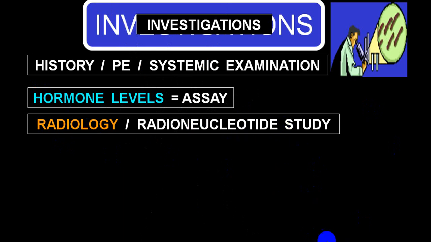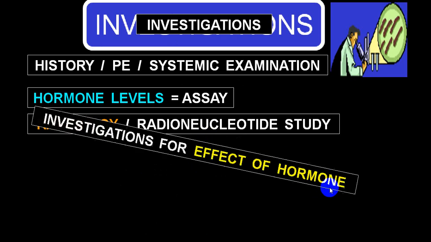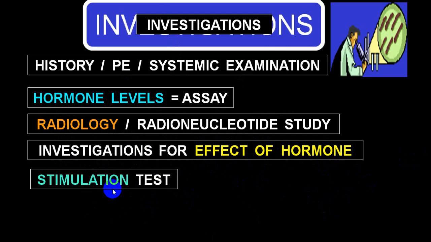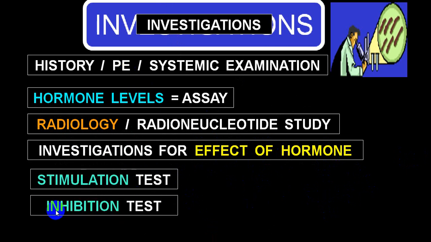Radionucleotide study will again tell you the size, how much uptake it is taking, functioning, non-functioning, etc. There should be an investigation to find out the effect or lack of effect of the hormone on the target organs. In case of hyper, inhibitory tests, and in case of hyposecretion, stimulatory tests are common.